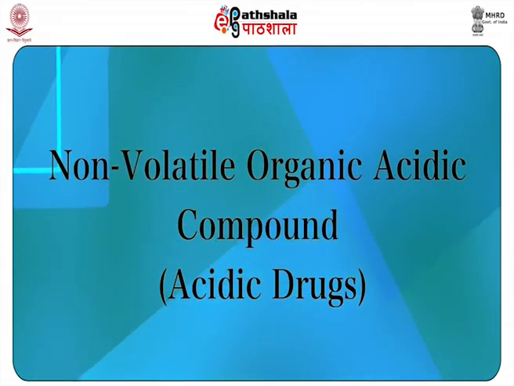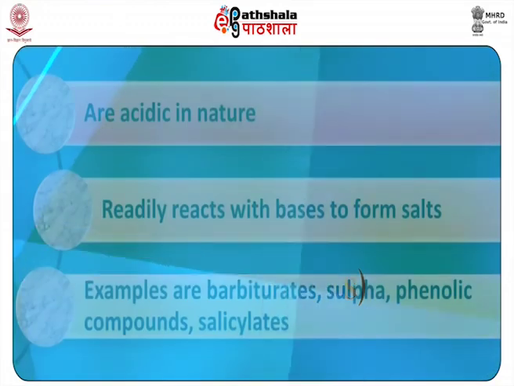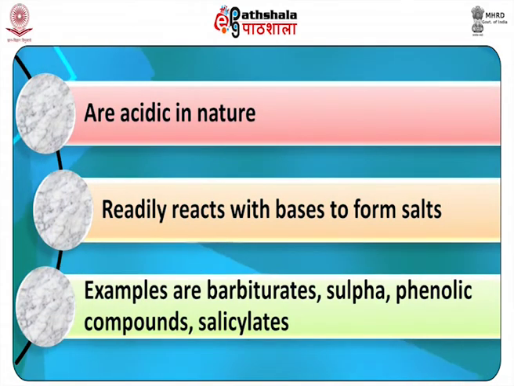Non-volatile organic acidic compounds, which are generally known as acidic drugs. Drugs or poisons which are acidic in nature are called acidic drugs. These drugs readily react with bases to form salts.